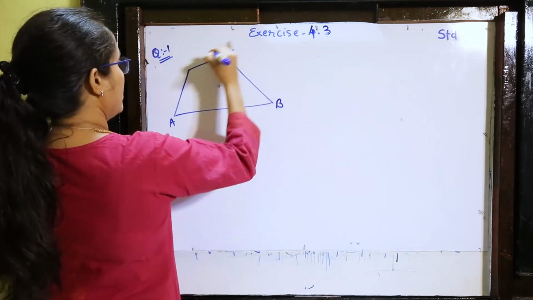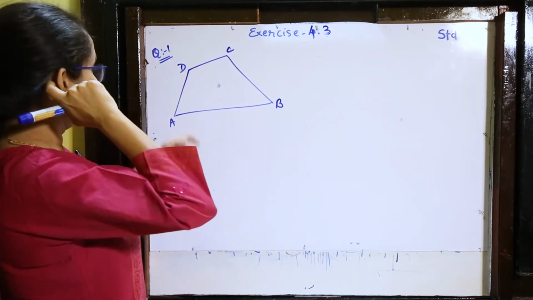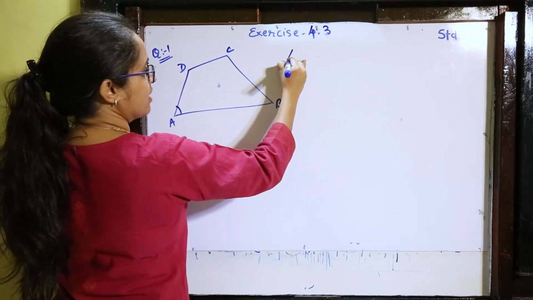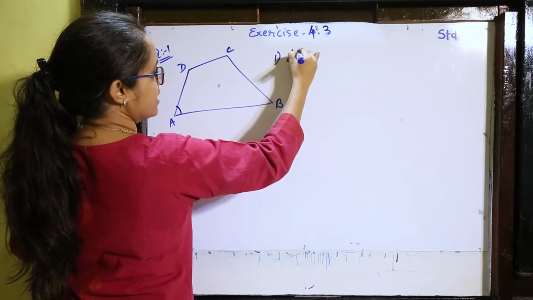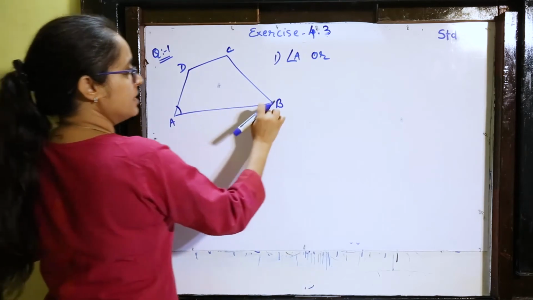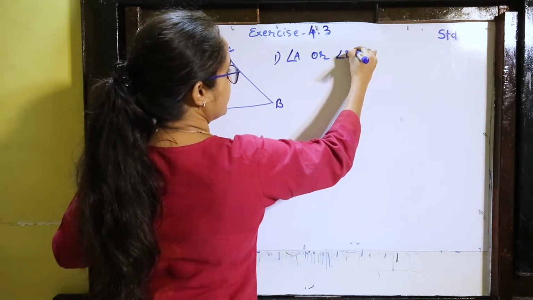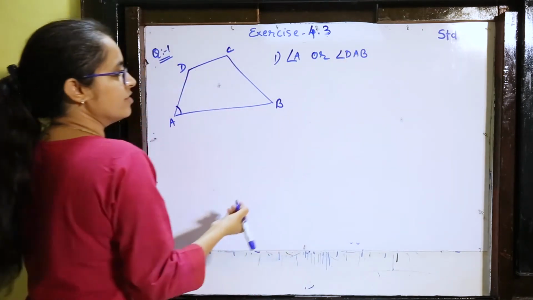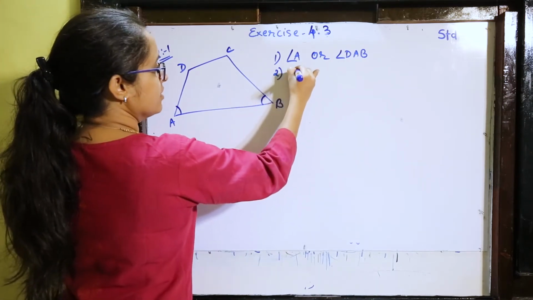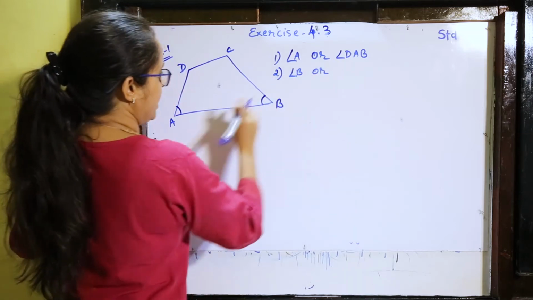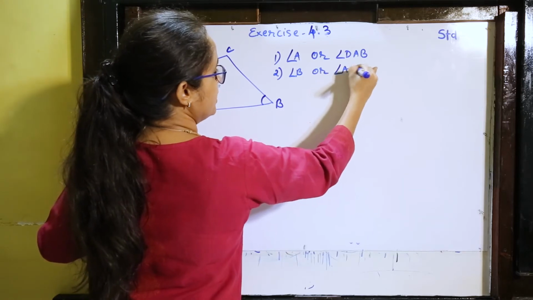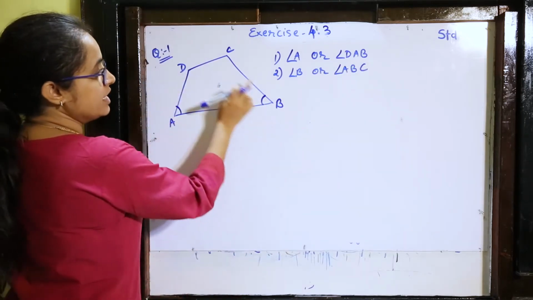Now you have to find out the angles in this. So this is the first angle. I am writing here angle A, or I can write angle DAB. This is my first angle. Then the second angle is this, angle B, or I can write angle ABC.